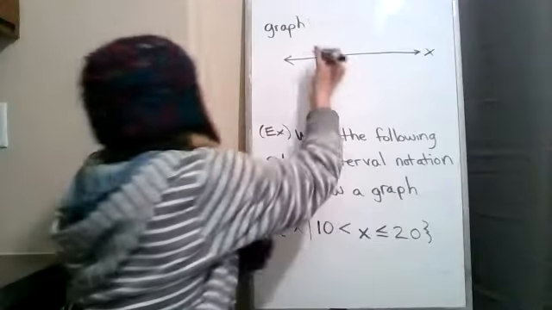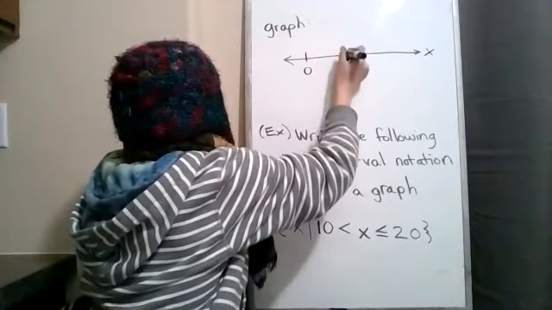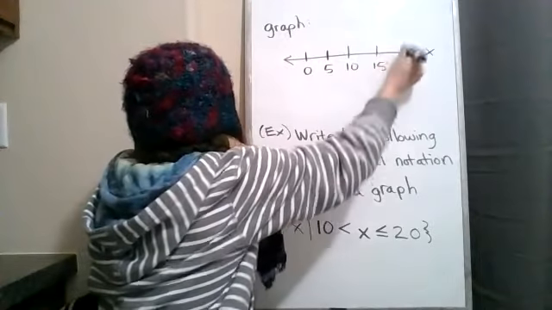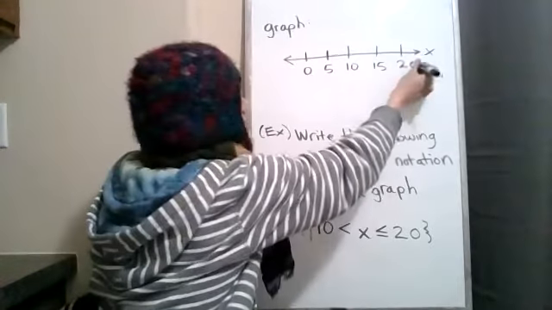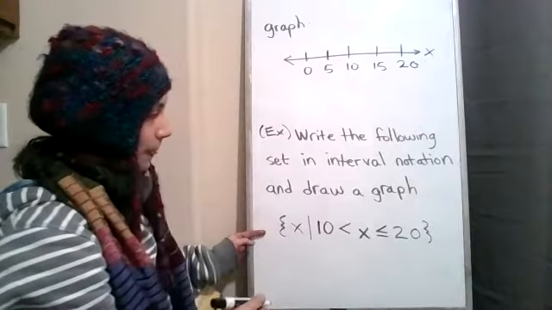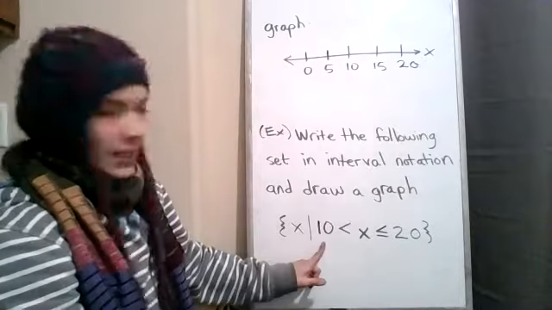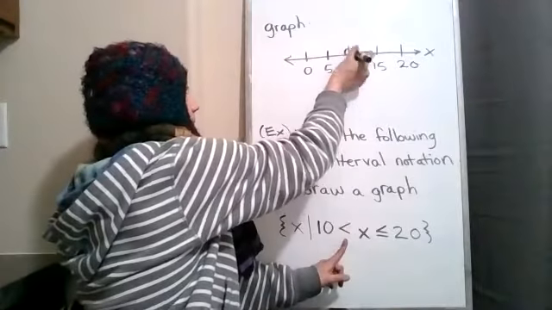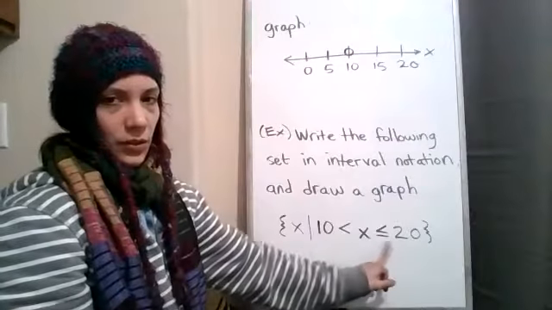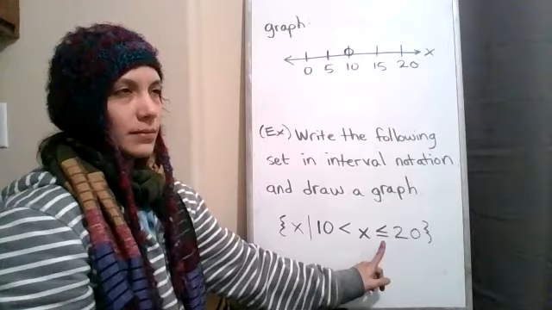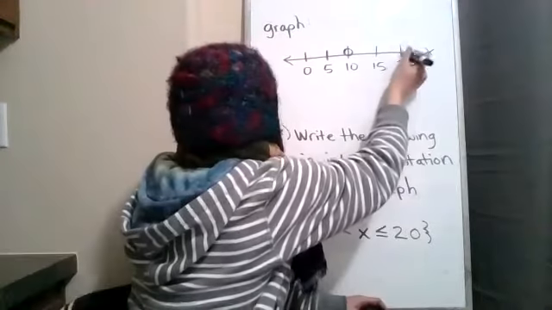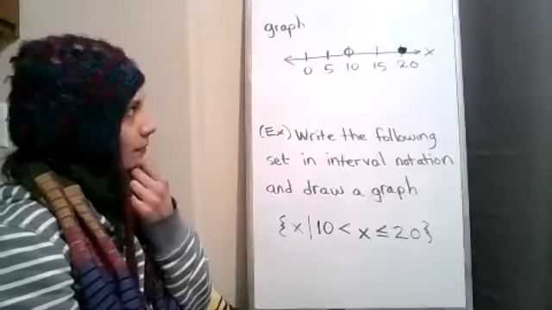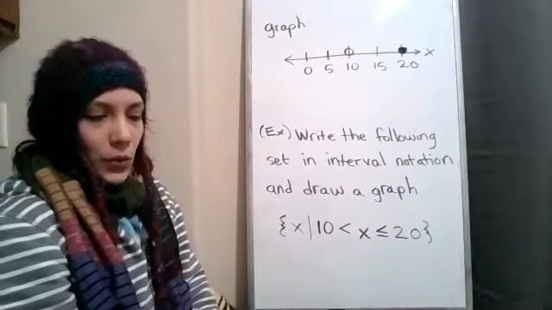I'm going to make this like 0, 5, 10, 15, 20. 10 has an open circle because there's a strict inequality. 20 has a closed circle. It's going to be less than or equal to 20.